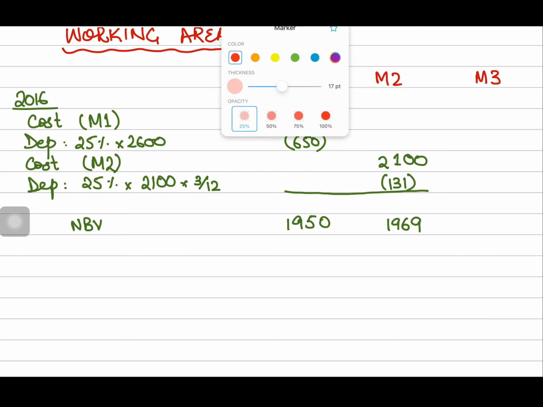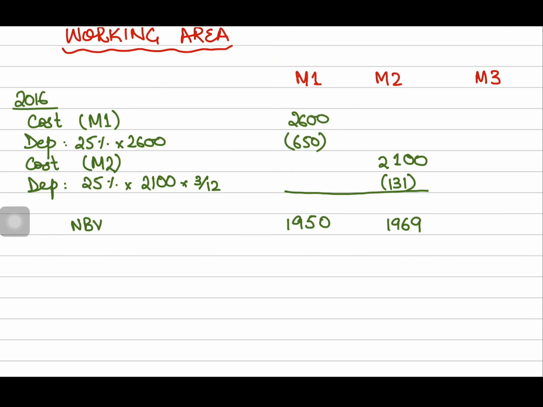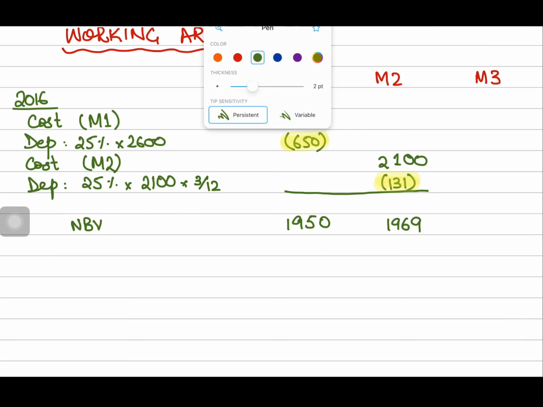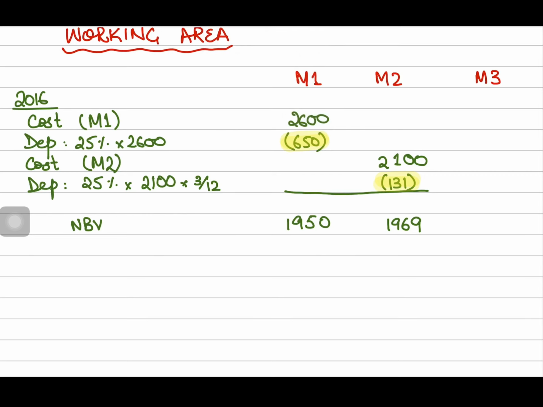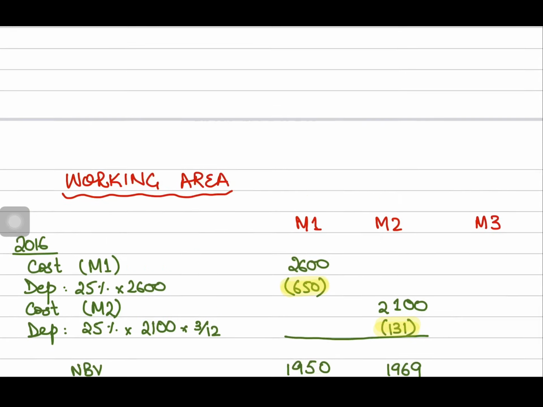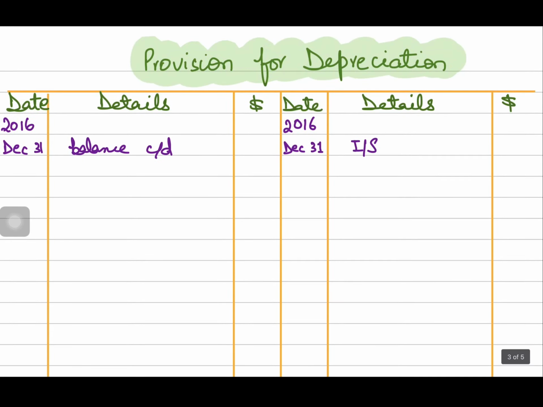So what figure will I take as my current year depreciation figure in the provision for depreciation account? 650 and 131, right? So 650 plus 131 will give me a figure of 781, and that is my current year depreciation charge, and this is the same figure for the balance carried down as well.